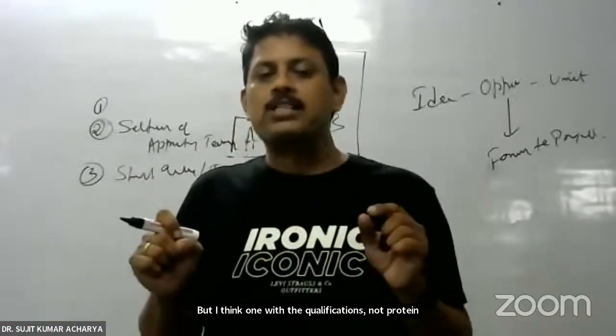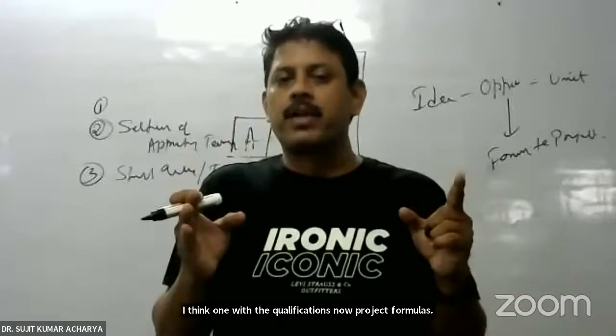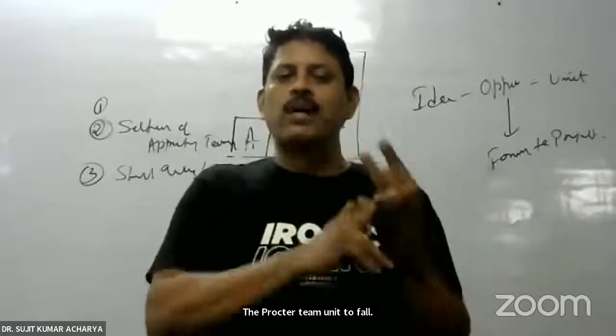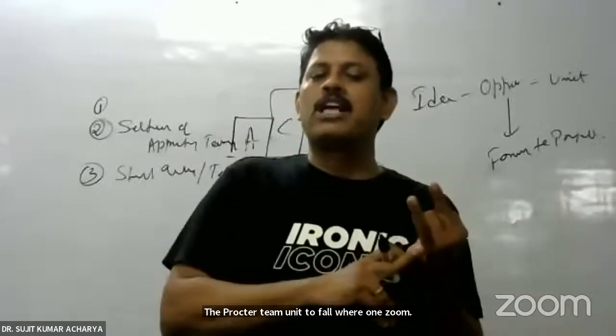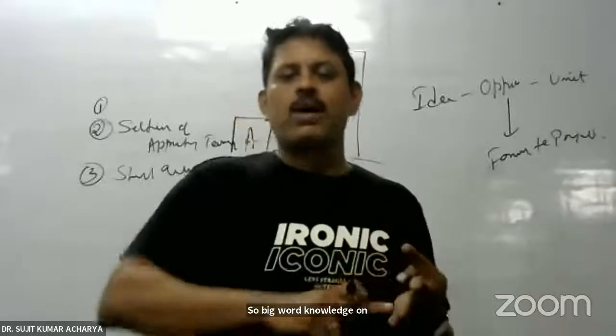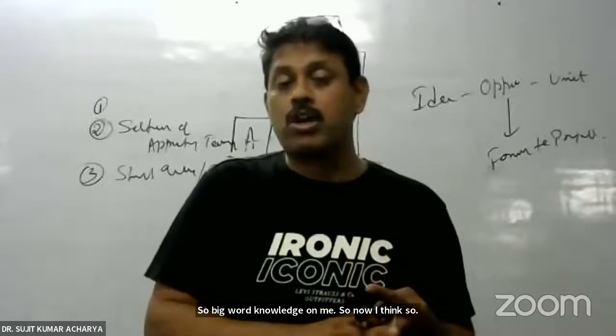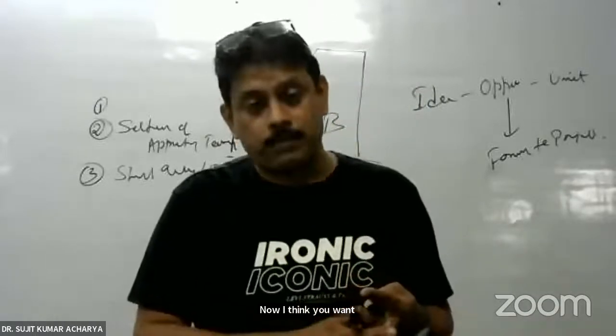In project formulation, first you need to form a team. One member should have adequate knowledge of legal aspects, one of finance, and one of the technology which you want to introduce or which is already there in the organization.